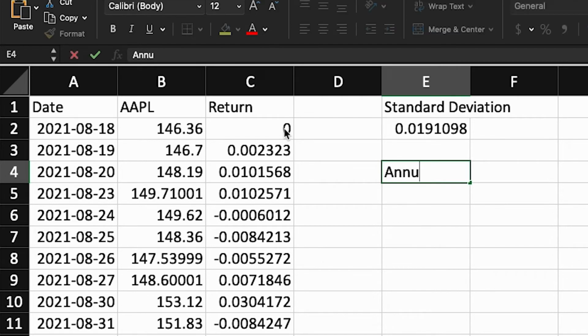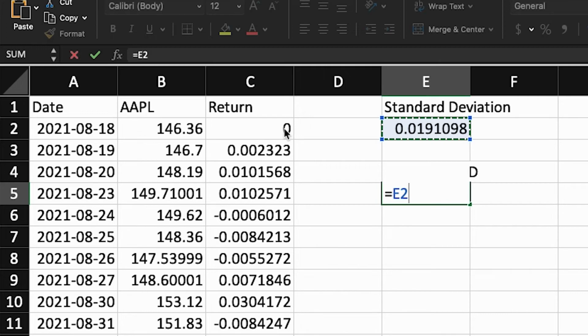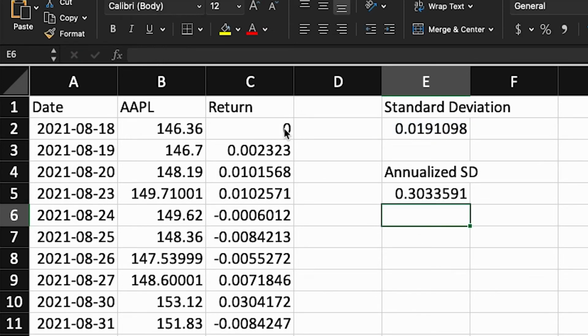So the annualized standard deviation of Apple stock is equal to this times the square root of 252 to annualize it here. So for the past year, the Apple stock has an annual standard deviation of 30%. So this is how you can calculate volatility of a stock.